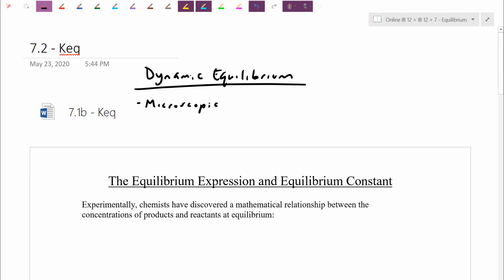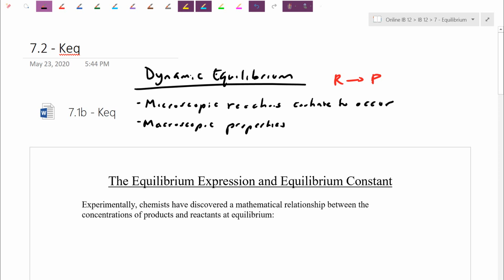Microscopically, that's the particles themselves as they collide, microscopic reactions continue to occur. So they still occur, where reactants are forming products as products are forming reactants. And yet macroscopically, outwardly, it looks like nothing's changing. So macroscopic properties, macroscopic characteristics remain constant in time.